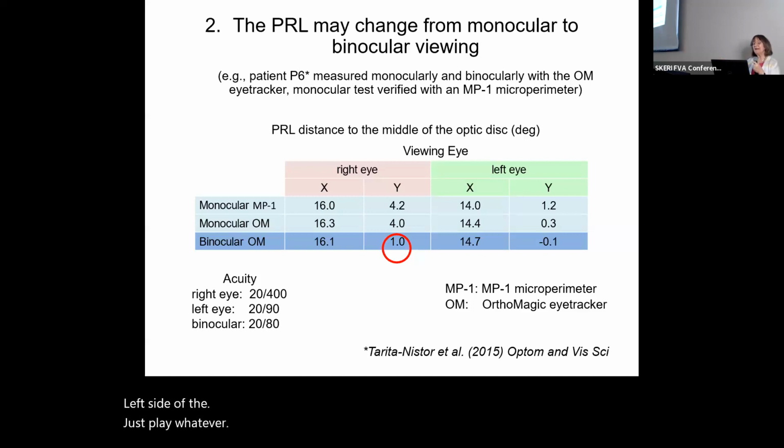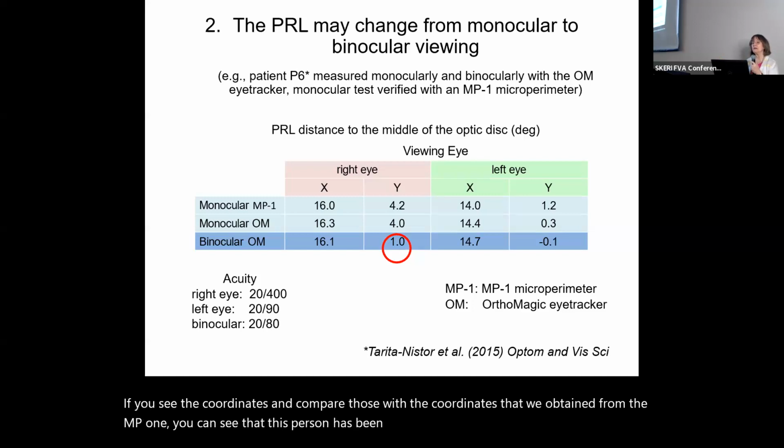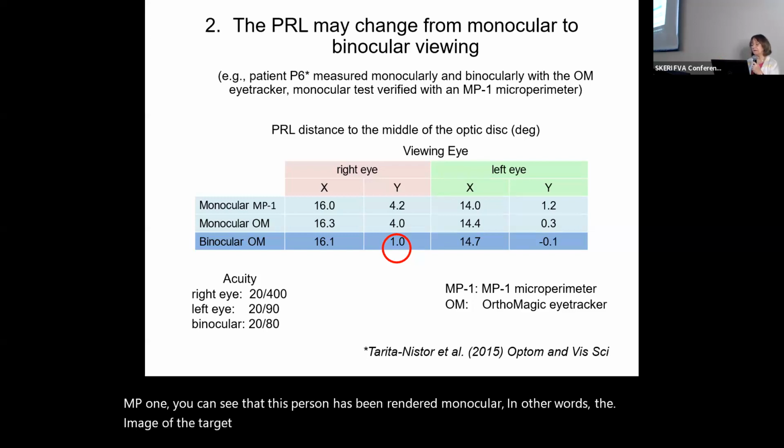If you compare those coordinates with the coordinates that we obtained from the MP1, you can see that this person has been rendered monocular. In other words, the image of the target has landed on the scotoma, viewing binocularly.